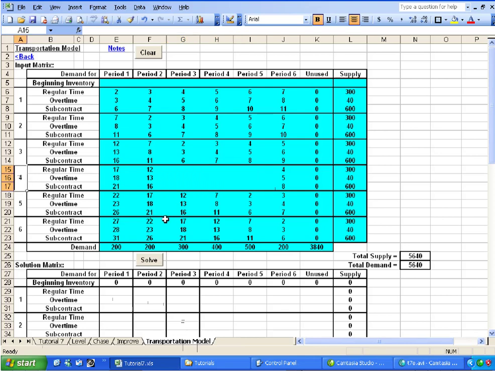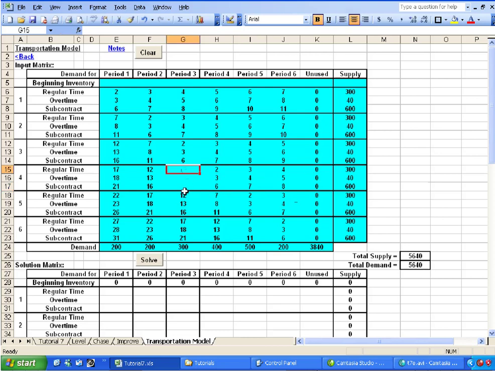In period 4, if you produce to meet demand in the same period, there's a cost of $2 regular time, $3 overtime, and $6 subcontracting, the same as before in our aggregate planning template. If you carry inventory forward, that costs an additional $1 inventory carrying cost per unit, which will yield $3, $4, and $7 per unit.